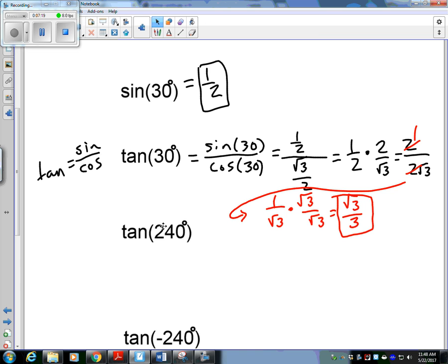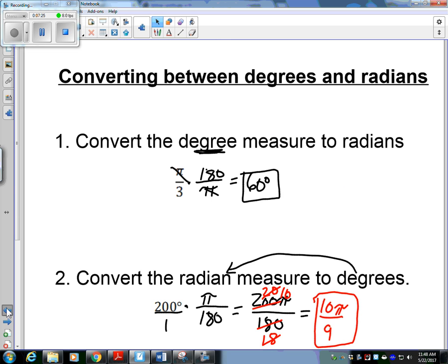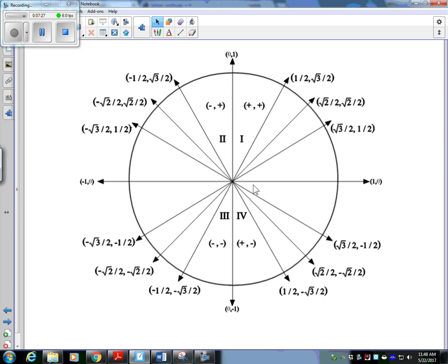So for this, I would look back at a unit circle. So if we're starting at 0 here, and you go around, when you get to here, that's 90 degrees. When you get a little further, and you go halfway, that's 180.